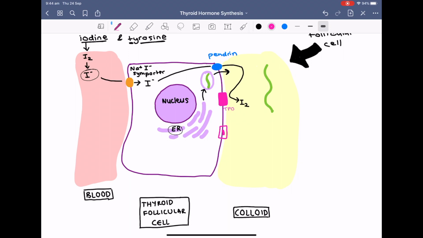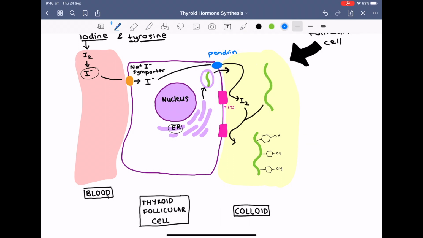This process is known as organification and is catalyzed by the same enzyme, TPO. These are the tyrosine amino acids to which the iodine molecules will be added. If only one iodine molecule is added, it is called monoiodotyrosine, or MIT for short. If two iodine molecules are added, it is known as diiodotyrosine, or DIT.